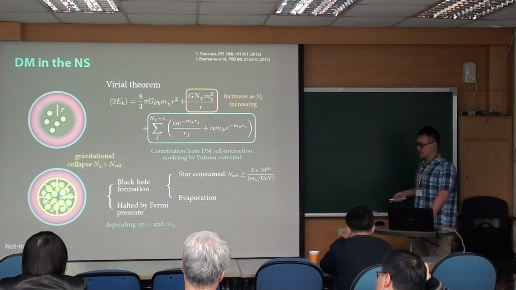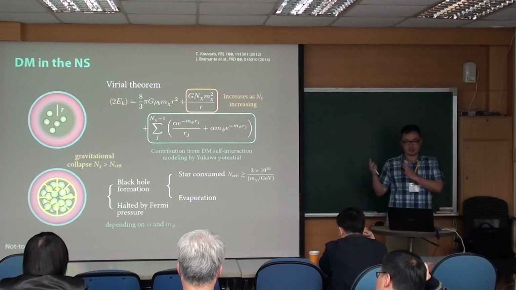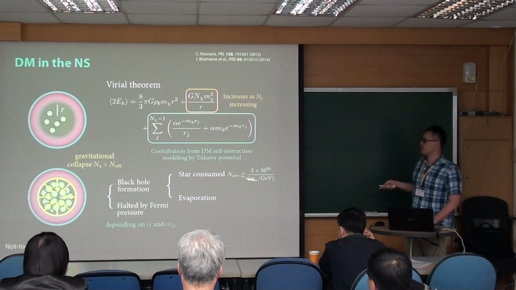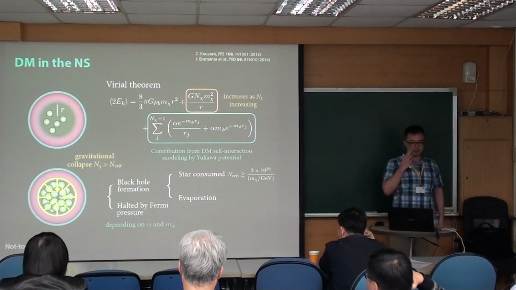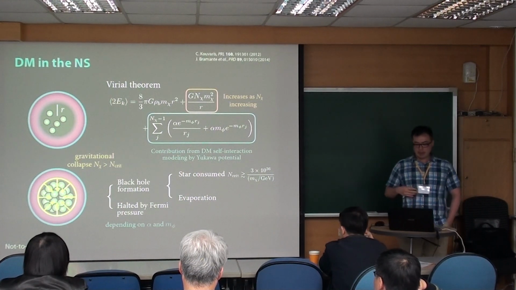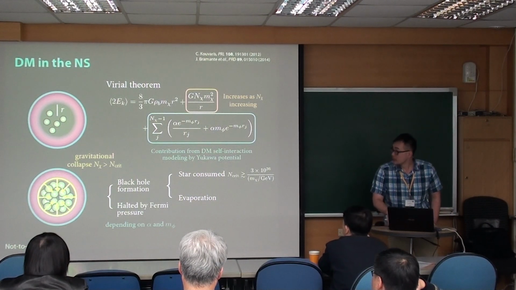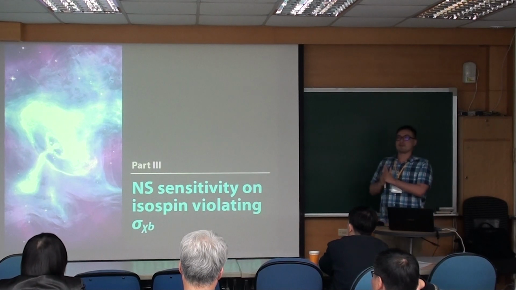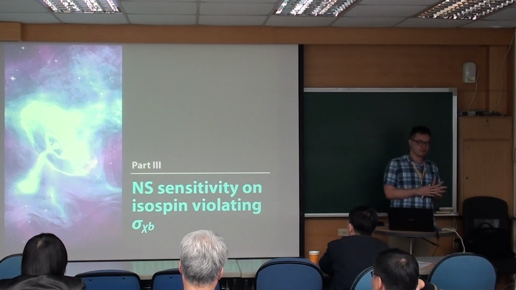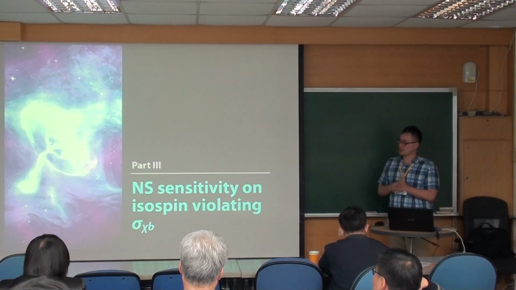In that case, the black hole will continue growing inside the star, and eventually the star will be consumed by the dark matter forming a black hole inside the neutron star. So this would be our idea. In part 2, I briefly told you how a neutron star captures dark matter particles and the criterion for these dark matter particles to form a black hole inside a neutron star.